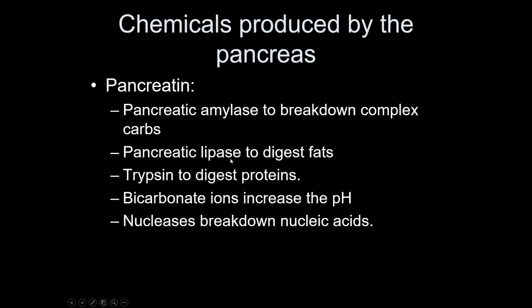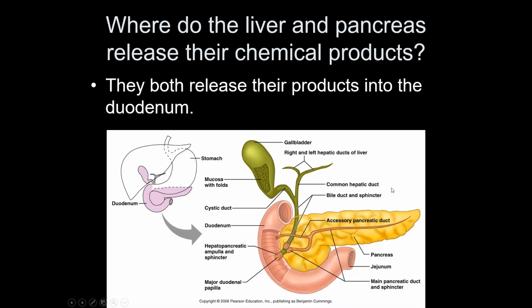We had to emulsify the fats first. Now that we've got the bile in there and it's been emulsified, we can actually get to work starting to digest the lipids, and so that's what that lipase is going to do. We also release nucleases. That's going to help us digest nucleic acids like DNA and RNA. While you don't get calories from nucleic acids, you do still need those building blocks so you can replicate your DNA and carry out transcription.